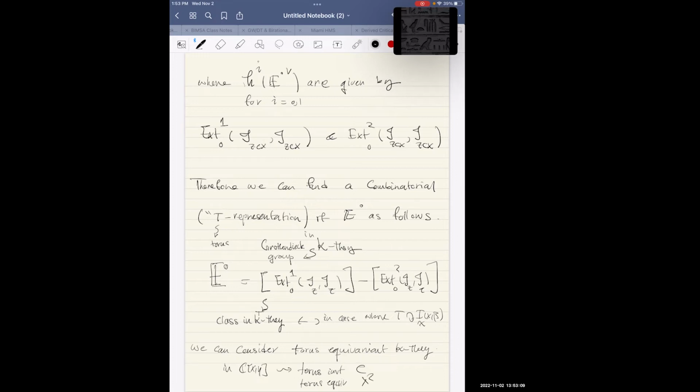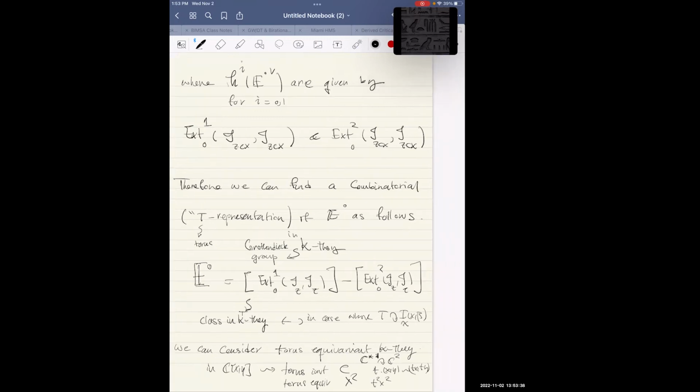If t acts on x and y by tx and ty, for the time being a one-dimensional torus, then if I change x with tx, this would be t squared x squared, and it's dilated, but that's the worst thing that can happen.